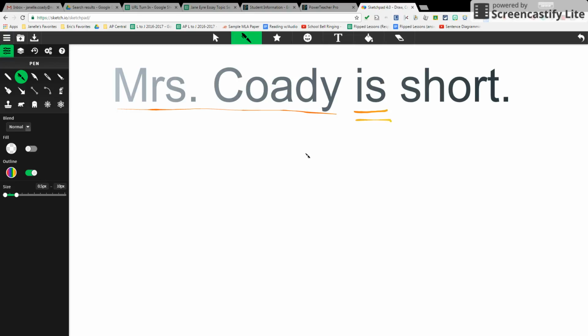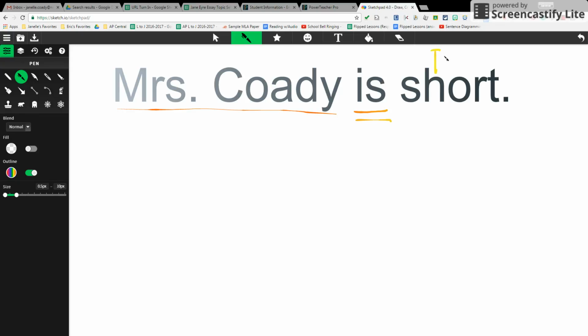Remember those helping verbs: is, are, was, were, did, will, could, should, and the list goes on and on. Okay, so I've marked my subject and my verb. The only thing left is short. And as I said before, short is a complement. It's an adjective that could be put in front of Mrs. Cody. Short Mrs. Cody.